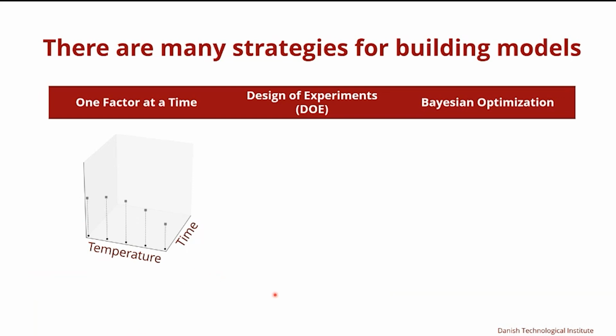So we fix our process to this temperature, here where we have the best results, and then we will do a time series. Gather new data and then see that the best time was maybe this one, and then we can keep doing this until we run out of time or budget. But in general, for complicated products and processes in the real world, this approach is almost guaranteed to not find the best solution.